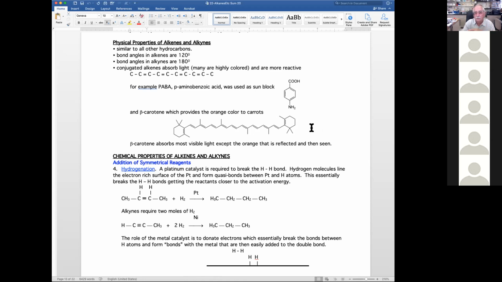No, what it means is the beta carotene is absorbing all wavelengths of the visible light except for the orange. The orange is not absorbed, it bounces off, goes to your eye, and then you see it as being orange. If the beta carotene didn't absorb anything, then carrots would look white because sunlight is white light.